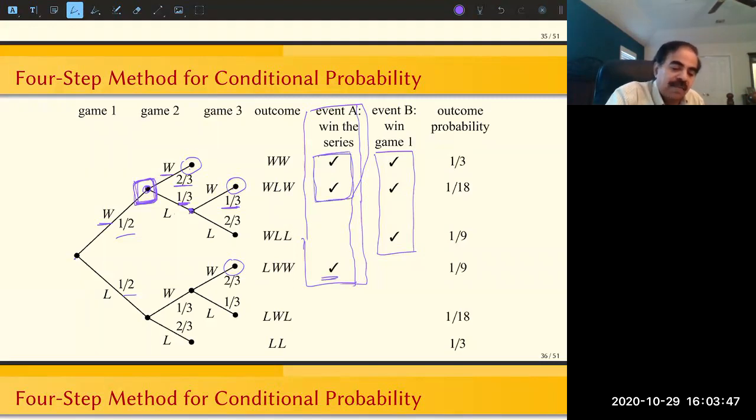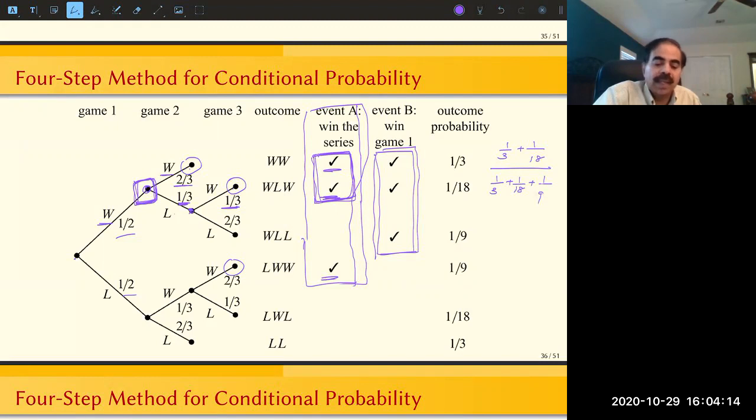So what we are asking for is the probability of these two outcomes divided by the probability of these three outcomes, which means 1 by 3 plus 1 by 18, divided by 1 by 3 plus 1 by 18 plus 1 by 9, right?